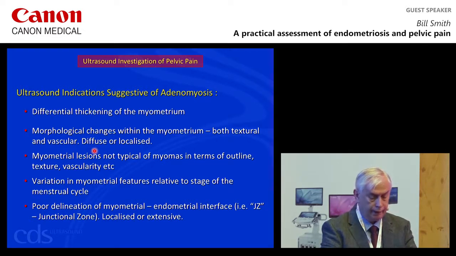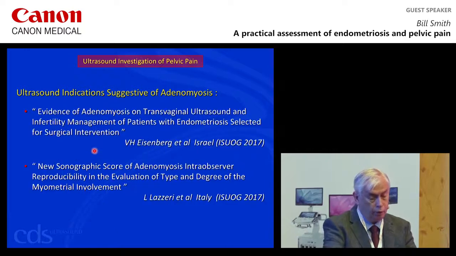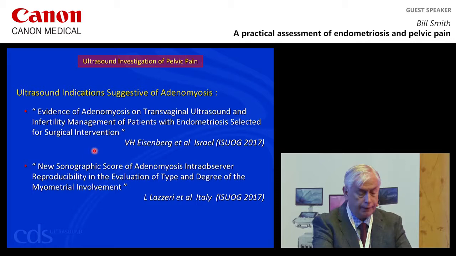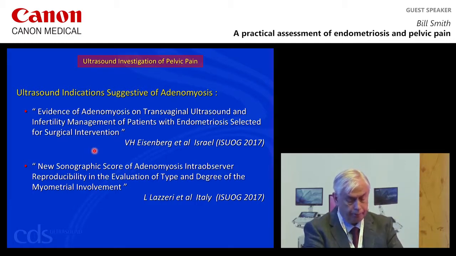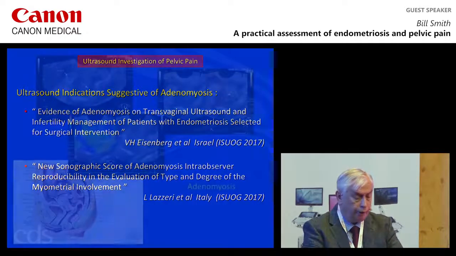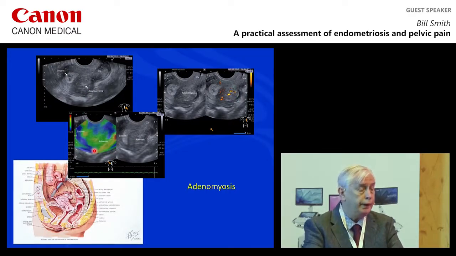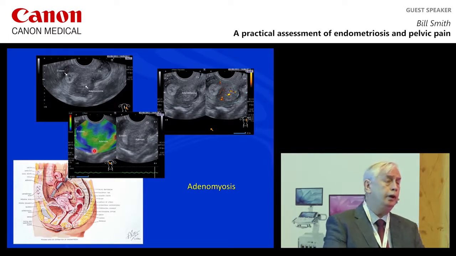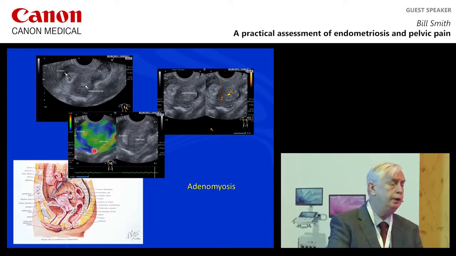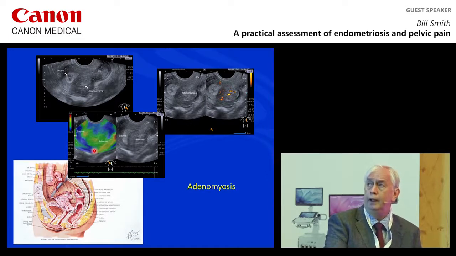And certainly that list would tie in with what was preached last year at ISUOG. There are obvious changes that occur, as we have differential thickening of the wall. We know we have poor delineation between our endometrium and myometrium. We have poor endometrial responses in severe cases.